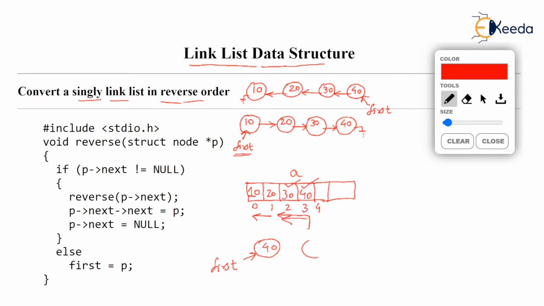So we'll create a new node for 30 and make 40's next point to 30. Similarly, as we take 20 backwards, 30's next will point to the new node 20, and finally 10 will be added, where 10's next will be made null. So this is the reverse of the given list 10 to 40. We have got 40 to 10.